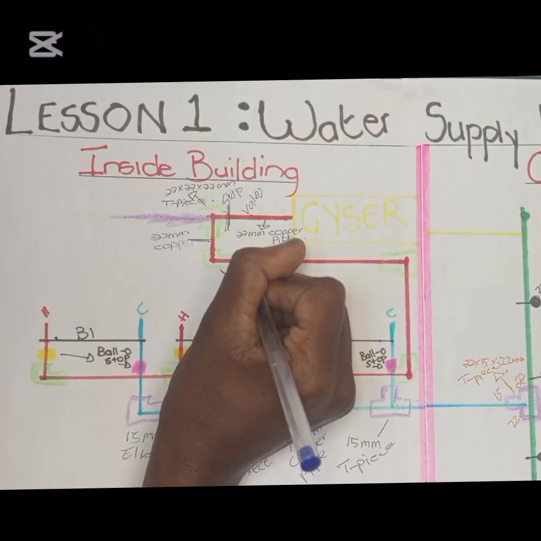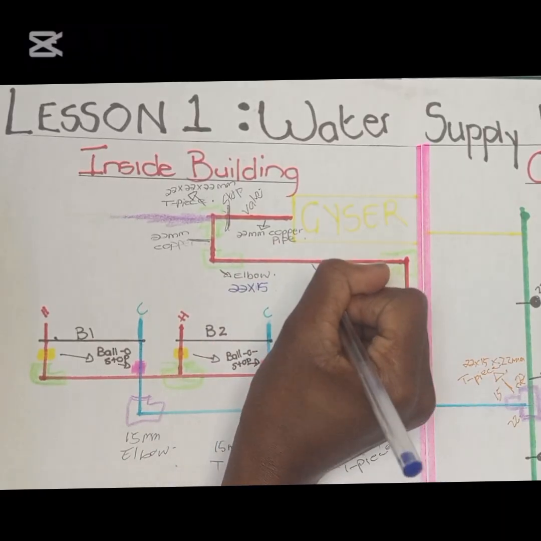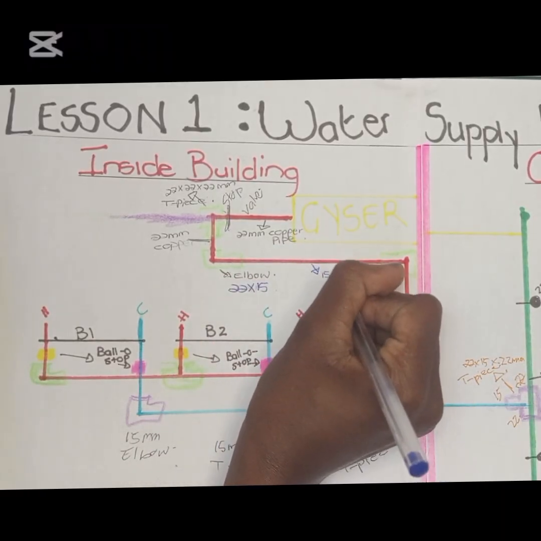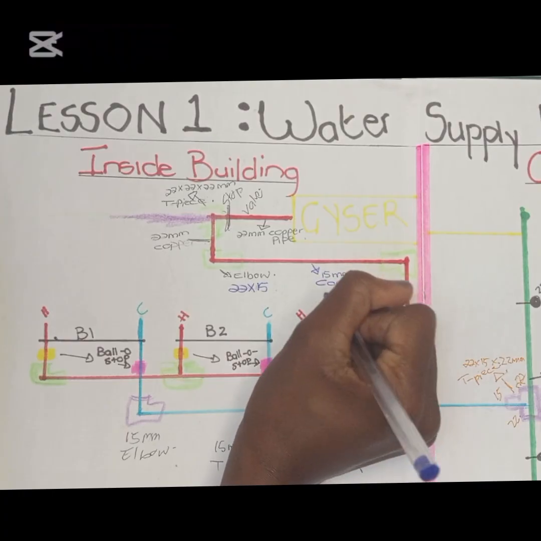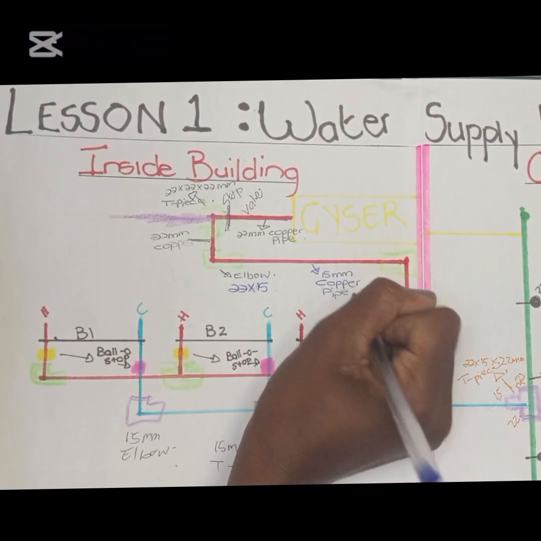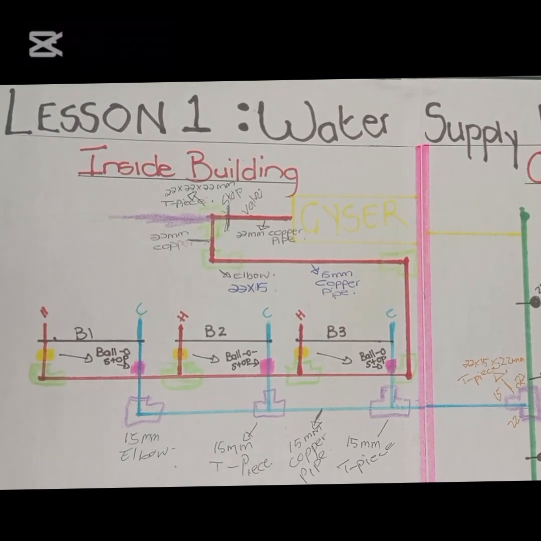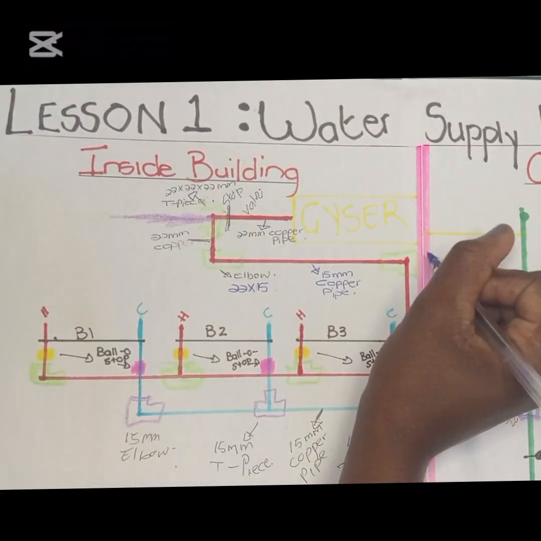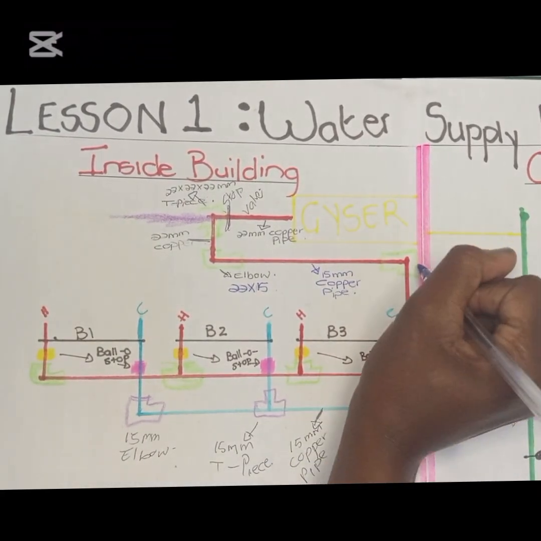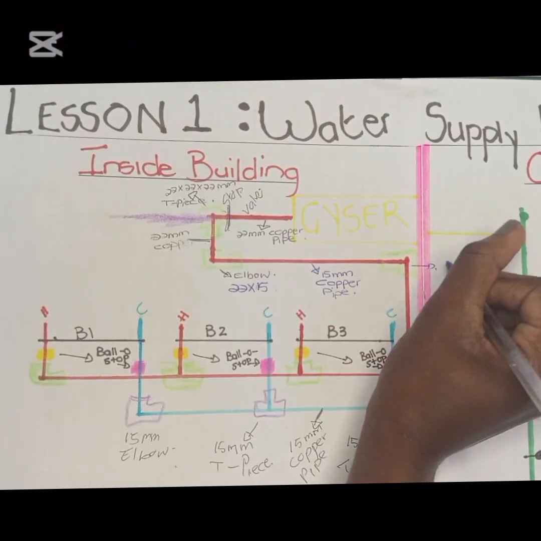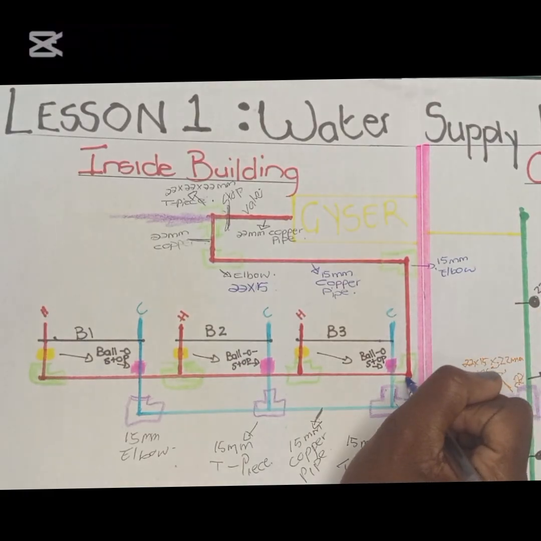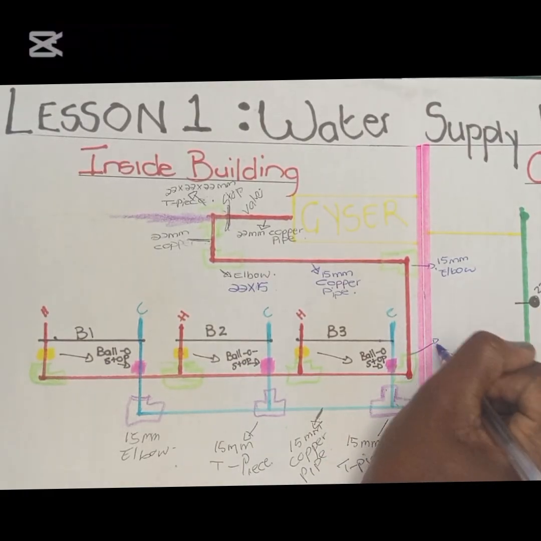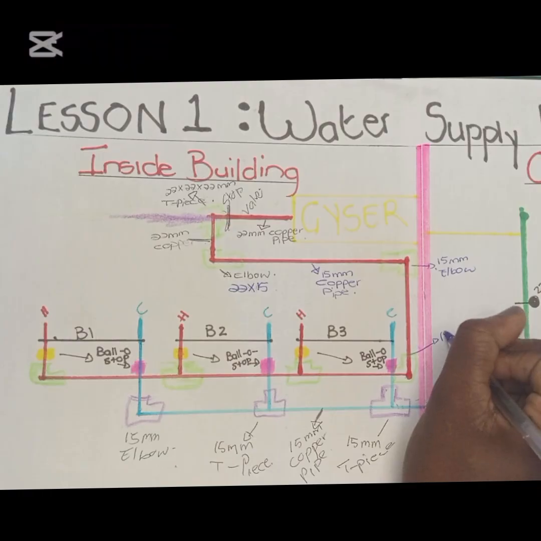Why? Because this is 15 and this is where we start to connect 15 copper pipe. There you go. Now, as we're moving with this, there is another 15. This is easy now. I know I can hear you guys shouting the answers. Okay, elbow 15.